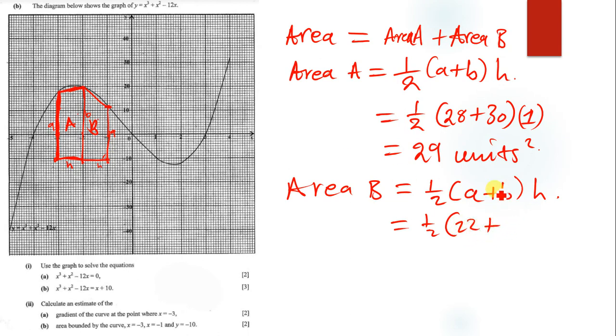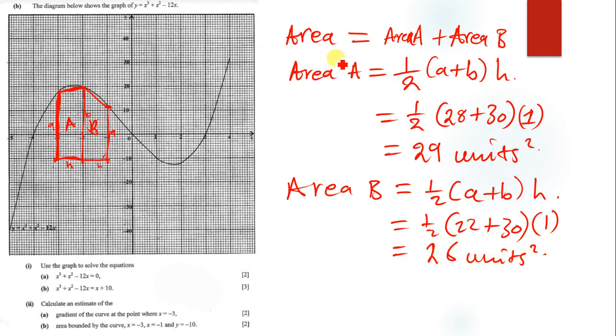Then we're adding this to B. My B is simply this longest distance here, which we said is 30. The height is the distance from there to there, which is also 1 unit. So 22 plus 30, you're getting 52. 52 divided by 2, you are getting 26. We have 26 units squared.